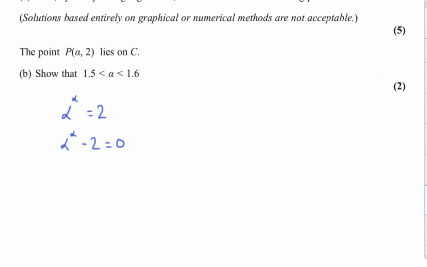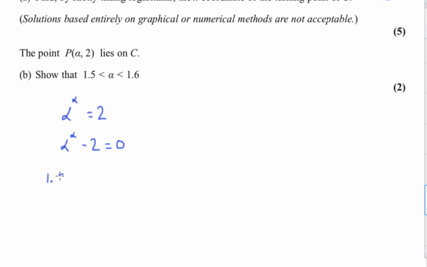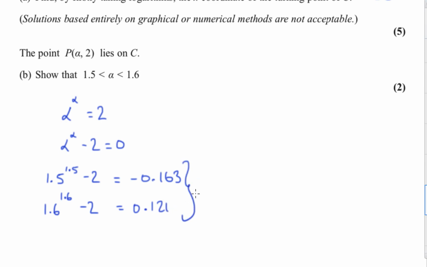And we can now use the sign change rule to show that 1.5 to the power of 1.5 minus 2 and 1.6 to the power of 1.6 minus 2, we're hoping to get one value that's positive and one value that's negative. So 1.5 to the power of 1.5 minus 2 is negative 0.163, and 1.6 to the power of 1.6 take away 2 is equal to 0.121.